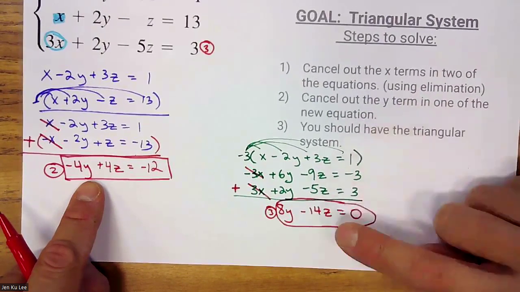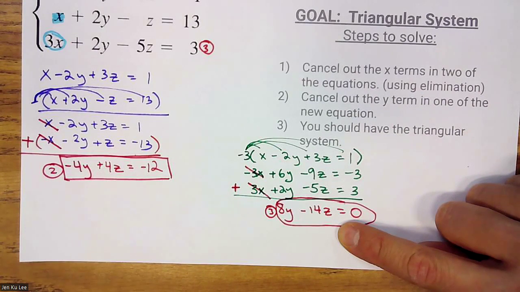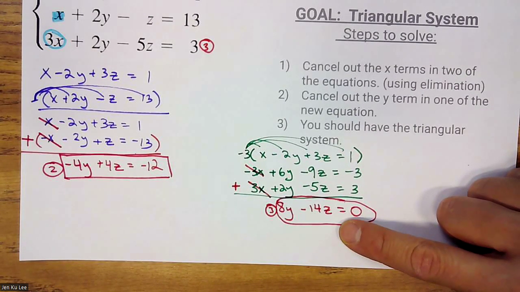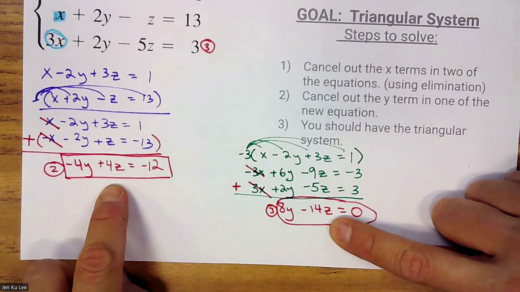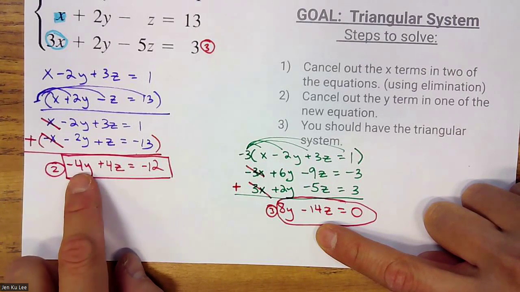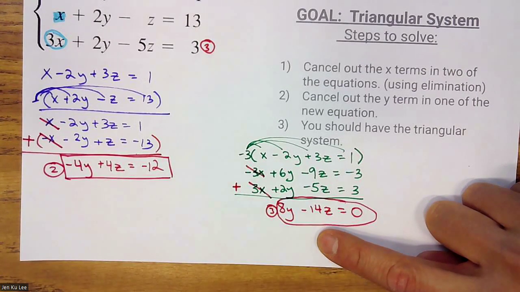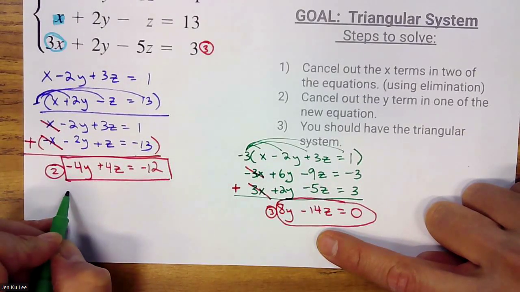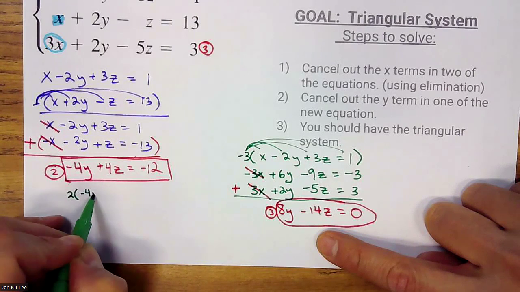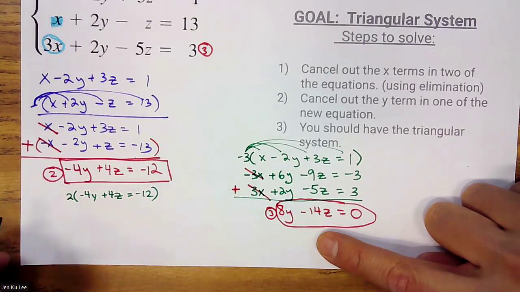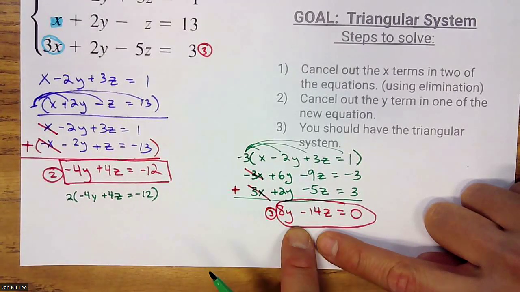Now, going to my second step, cancel out the y term in one of the new equations. Using these two equations, I want to cancel out the y. So negative 4y and 8y, okay? So I can multiply the second equation by 2 and then add it to this one, right?